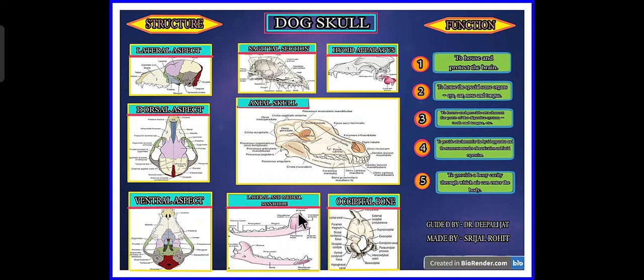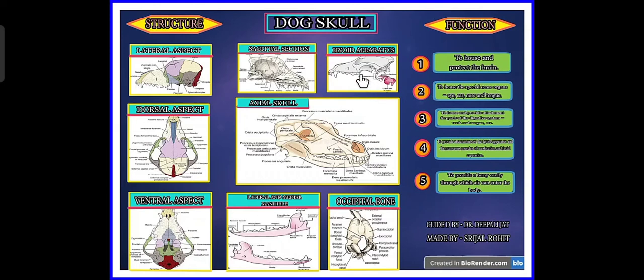Next bone is the hyoid apparatus. The hyoid apparatus lies in the intermandibular space and consists of a number of fine bones and cartilage joined together in an arrangement. This resembles a triptych, as you can see in the diagram.